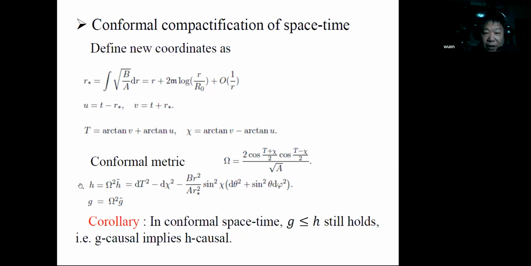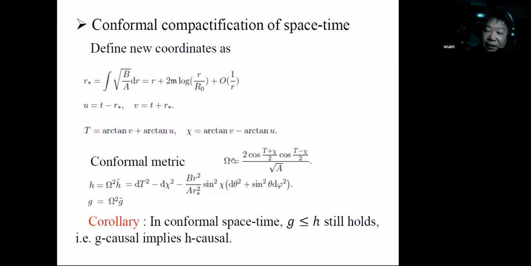Then you can do this conformal transformation to introduce such conformal factors, and do the conformal compactification for the spacetime of the G tilde. That means G equals omega squared times G tilde, and you use the same conformal factor to conformally compactify the metric of the H tilde and define it like this.